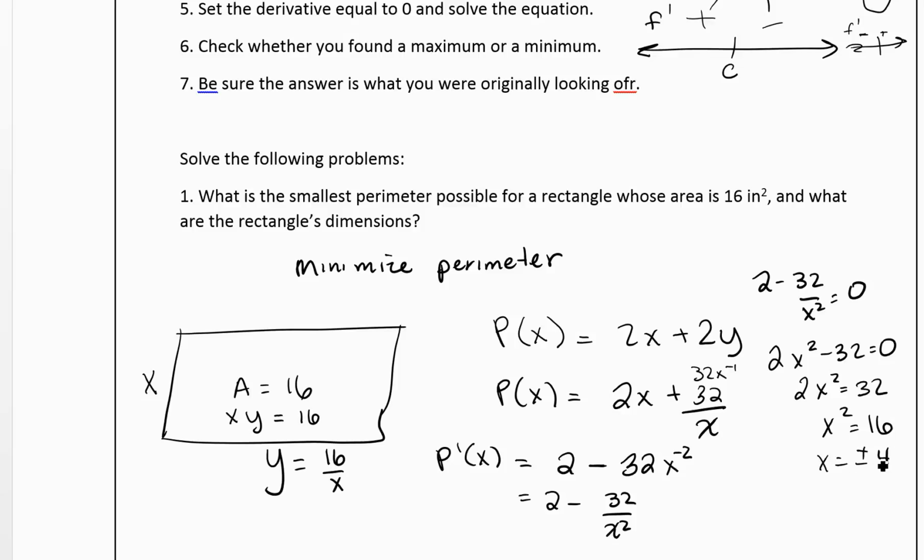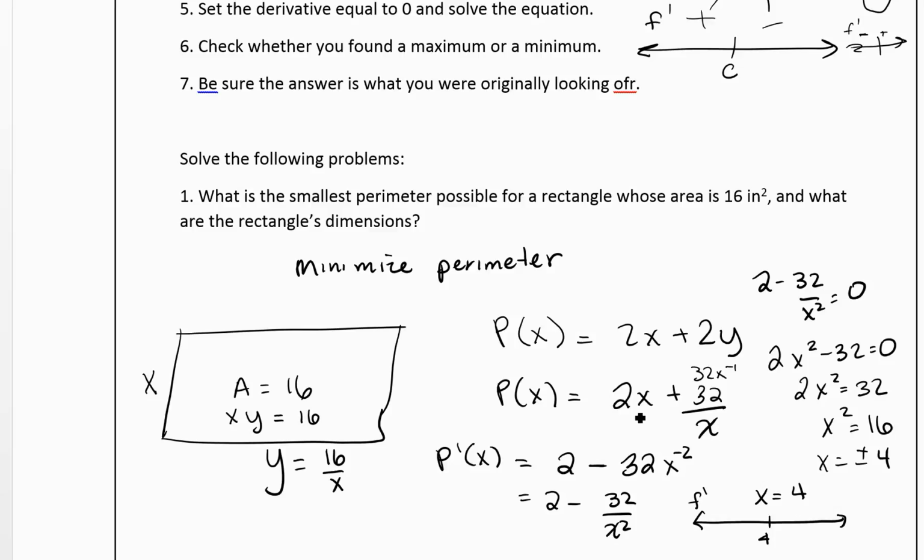Now negative 4 makes no sense here because we're talking about a length, so we're going to try x equals 4. Now let's check our first derivative. So if we plug in something less than 4 like 0, it's undefined. So let's plug in 1.